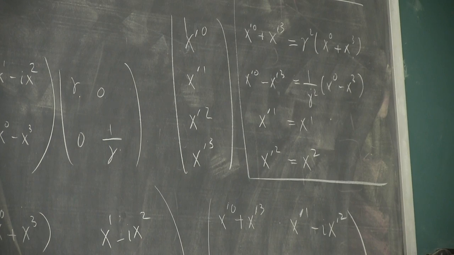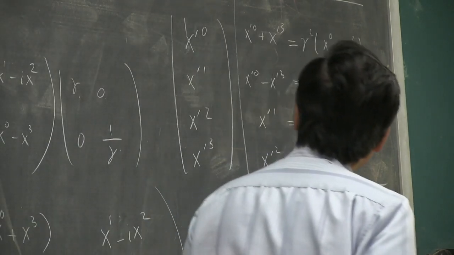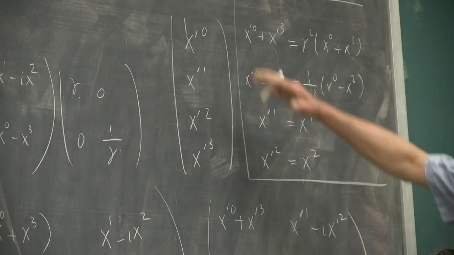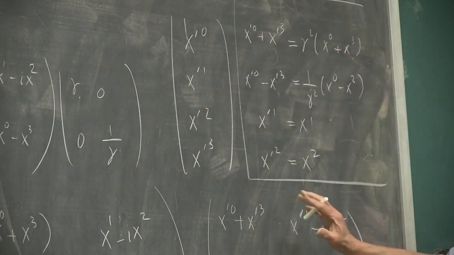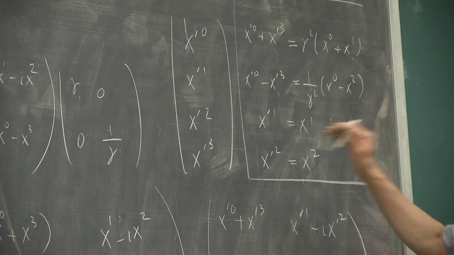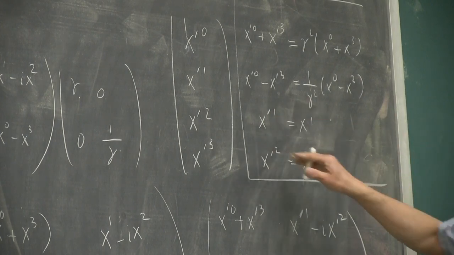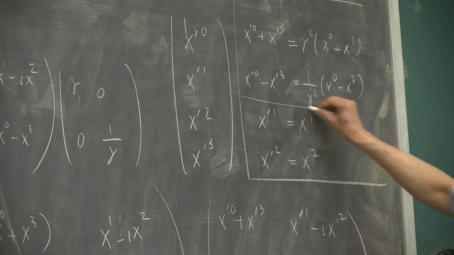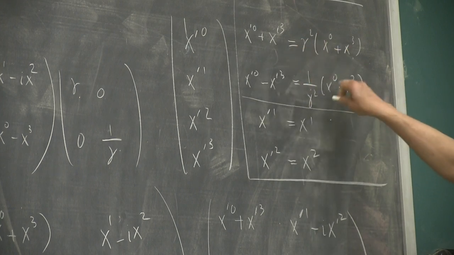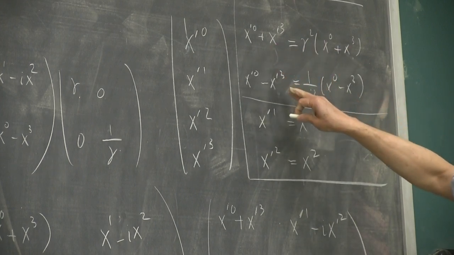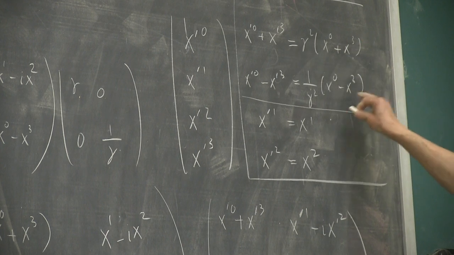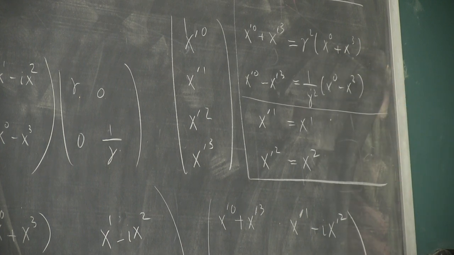Now, normally we would like to express each of the new coordinates in terms of the old ones. All right? Now, these two are done already. Okay? These two are done already. But these two are kind of coupled together, so we have to solve for x prime 0 and x prime 3 in terms of the x0 and x3. Okay?